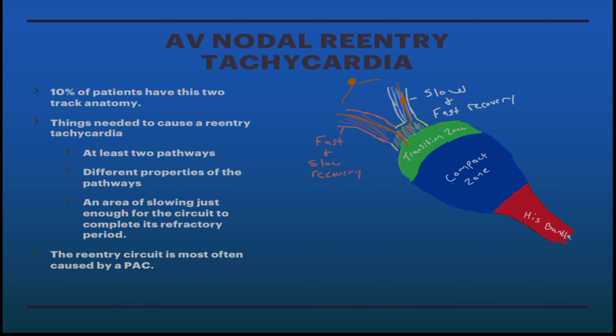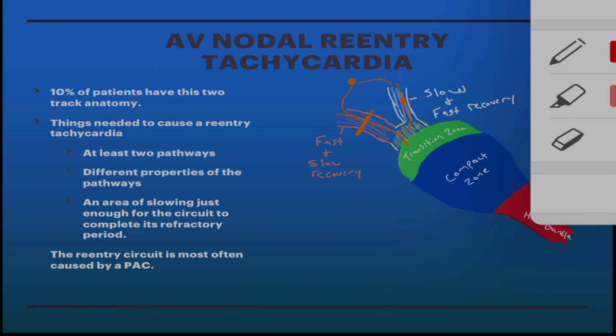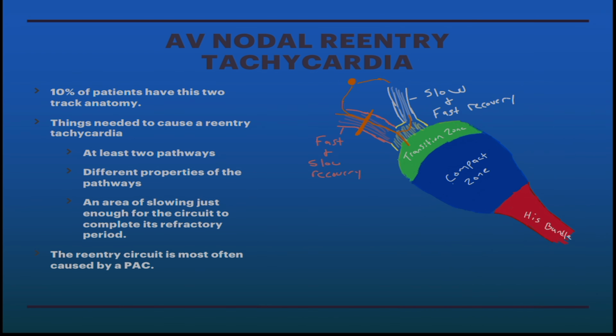When it comes to these tracks, it finds that this fast track is still refractory. So that extra impulse gets blocked and is not able to go. But when it comes down to the slow track, because this slow track has a fast recovery time, it finds that it can travel through the slow track and goes into the AV node that way. And it splits off here.